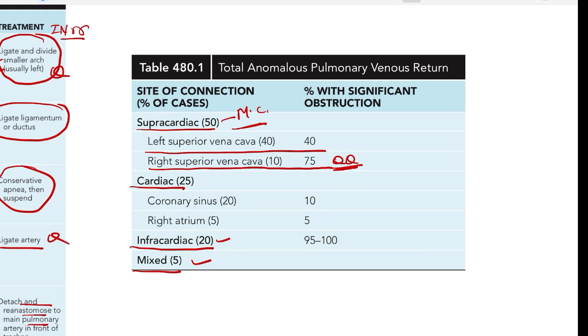Cardiac, coronary sinus has 10% obstruction, right atrium has 5% obstruction, and infracardiac, just remember almost all infracardiac have significant obstruction. So this is a simple looking table, but it will contain many MCQs. So please pay attention.